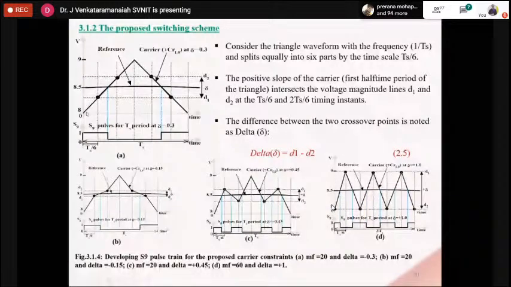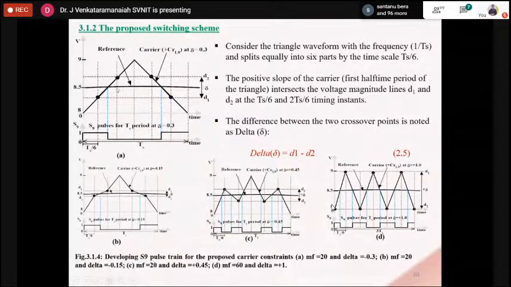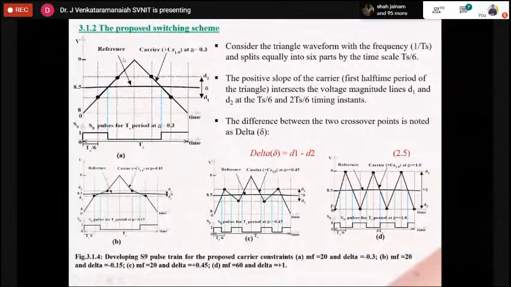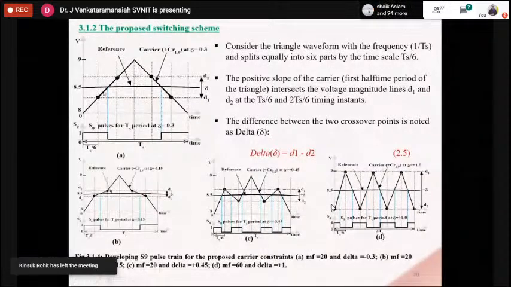I have split the carrier equally into 6 parts, and the time interval is T by 6. The 0.85 magnitude line is my reference waveform. Because the carrier frequency is too high, I am considering this portion of the reference more or less a DC value.